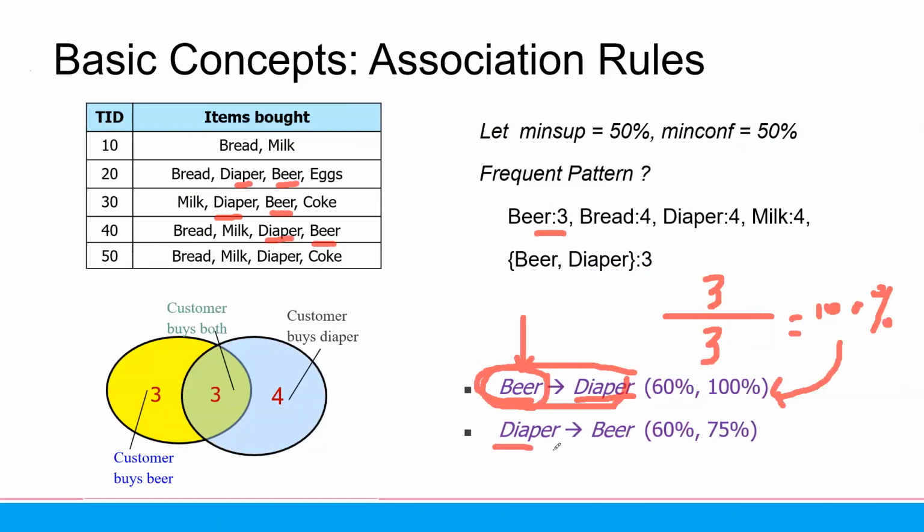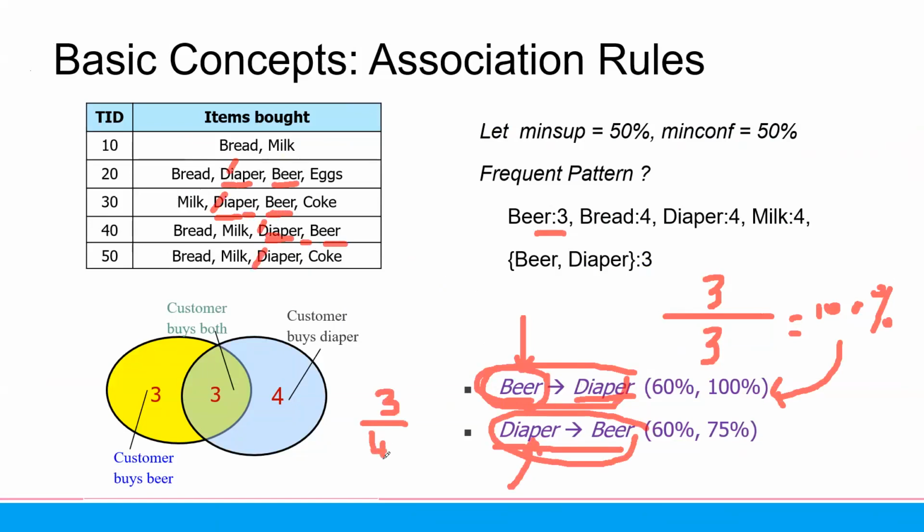But what about this one? Diaper and beer. We have 3. And we want to check only diaper. How many people bought diaper? We have 1, 2, 3, 4.